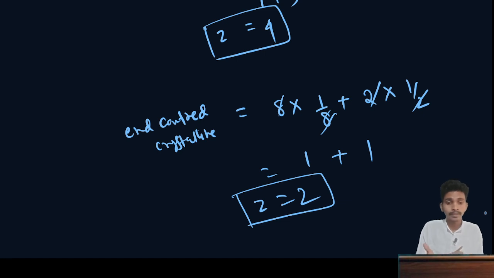Like if it is present at the base center, then that is base center crystalline solids, and if it is present at the edge center, then we have edge center crystalline solids, and if it is present only at the body center and corners, then we have body center crystalline solids.